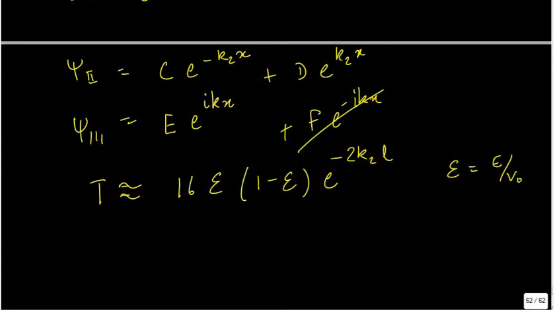L is in e to the power minus L. Again, if I have a wide barrier, then the wave function will just decay within the barrier. You will not be able to observe it.